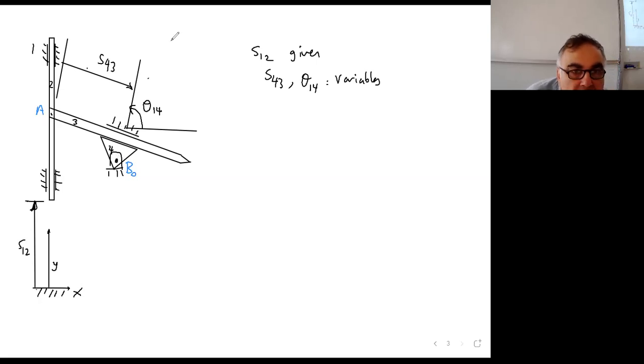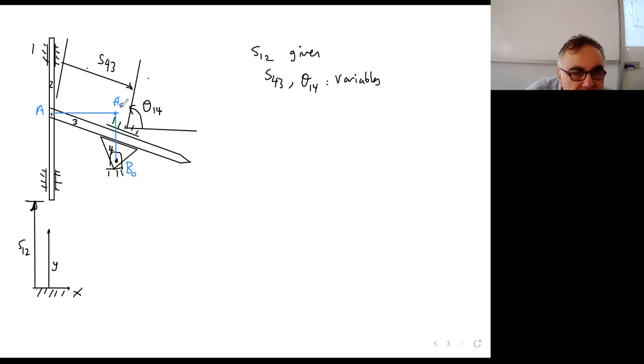The intersection of the horizontal and the vertical from B0. Let's say they intersect at A. Excuse me? A0?